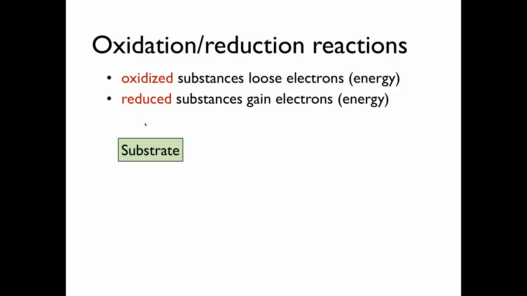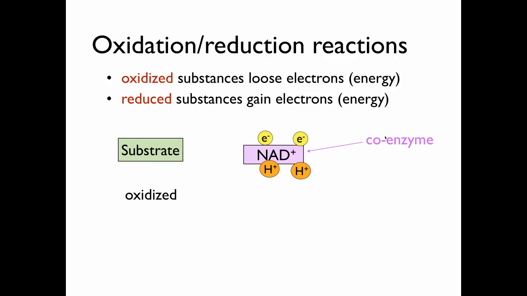Here we go. We've got a substrate molecule, for example, glucose, and we've got another substrate molecule, NAD, the coenzyme which is going to receive electrons and hydrogen and become reduced. The substrate here was oxidized because it lost electrons, and the coenzyme NAD was reduced because it gained electrons.